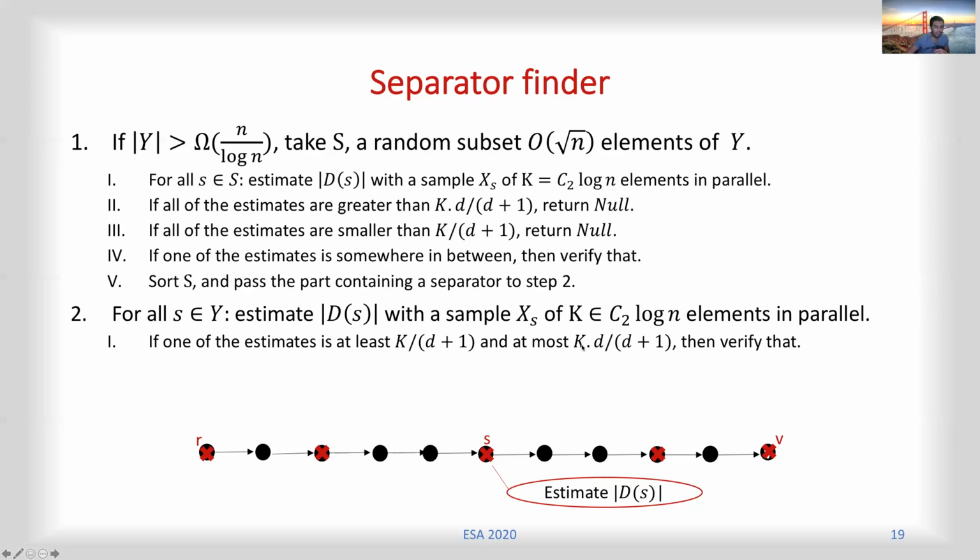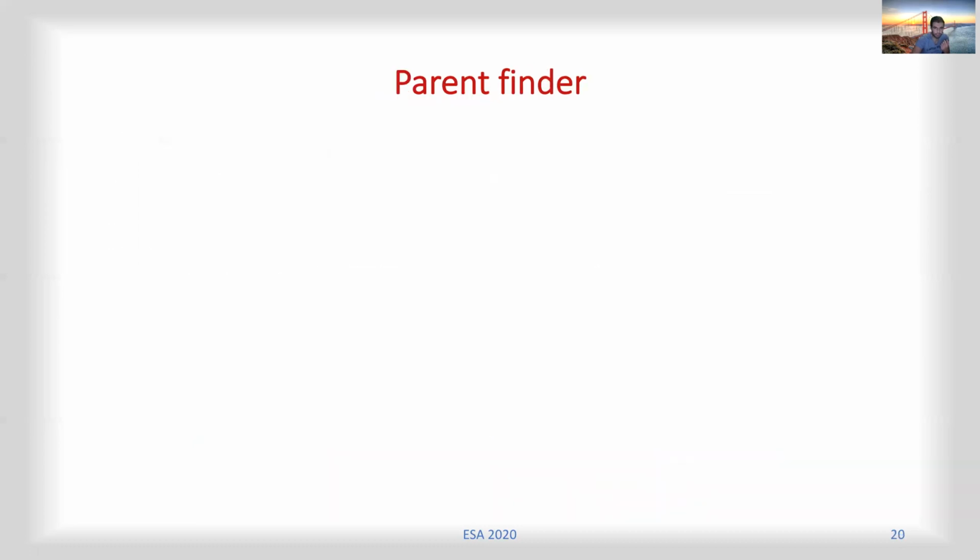And if just one of the estimates is at least k over d plus 1 and at most kd over d plus 1, we just verify that. And if the verification is successful, we just find the parent of S.